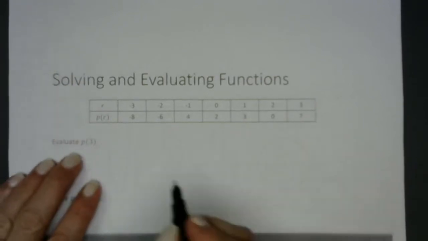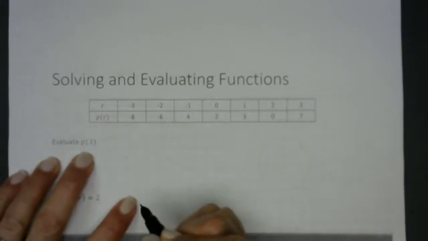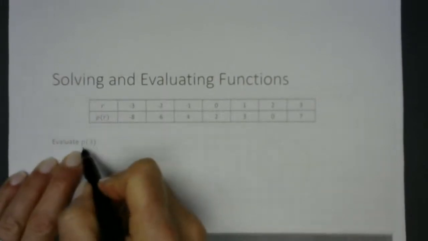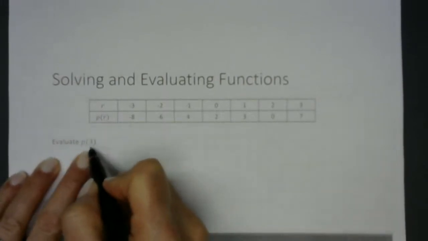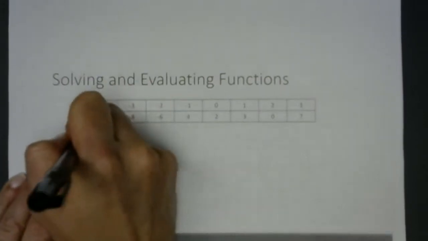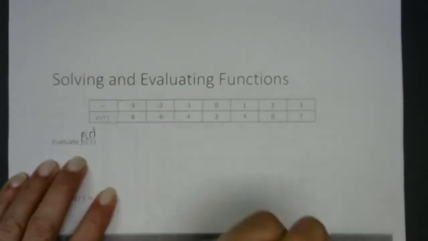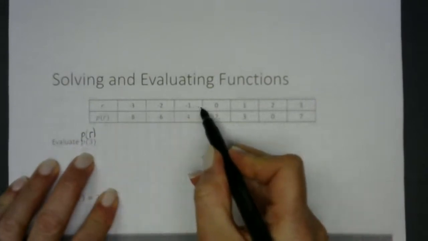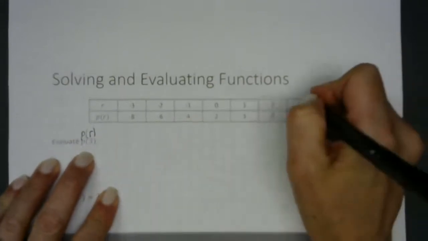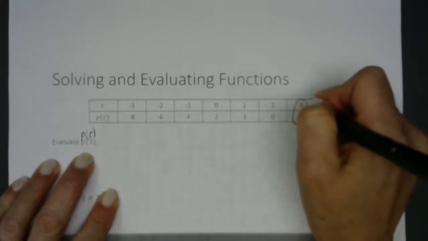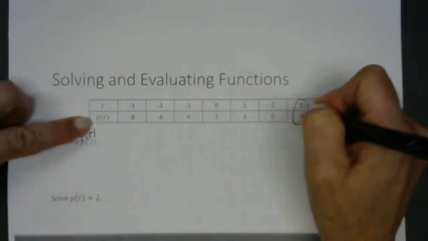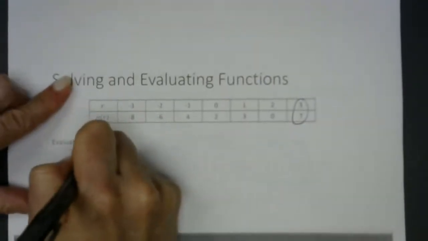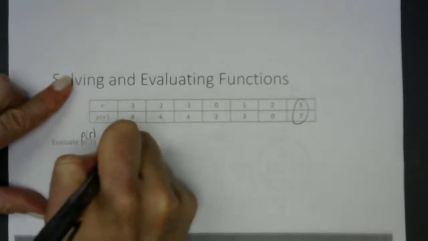If we were to evaluate P of 3, this is saying that the function called P is expecting 3 as its input, so 3 is the value of R. So we go up here and we find where R is 3. There it is right there. When R is 3, the corresponding output is 7. So I would say that P of 3 equals 7.